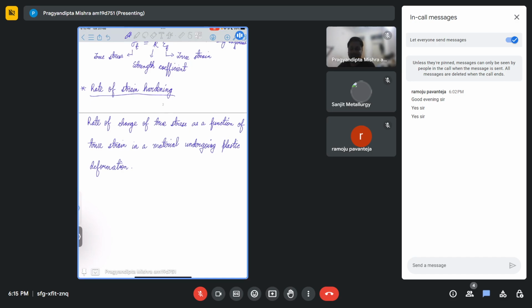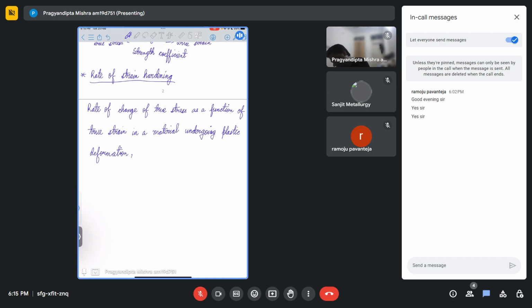Mathematically, what does this mean? Rate of change of true stress as a function of true strain: d sigma by d epsilon, right? So that is your rate of strain hardening.